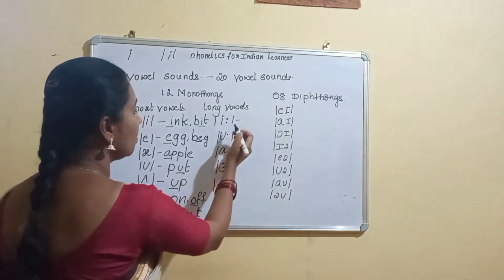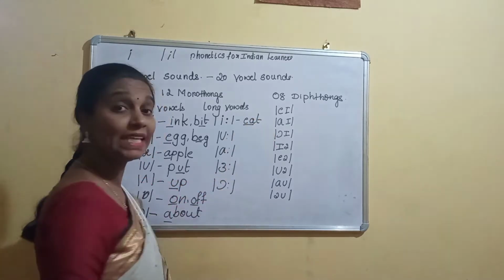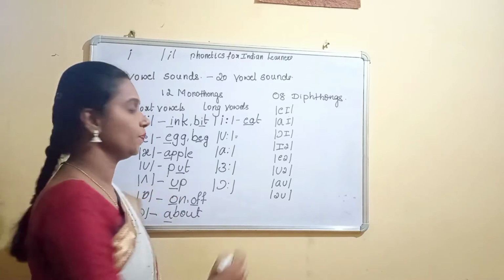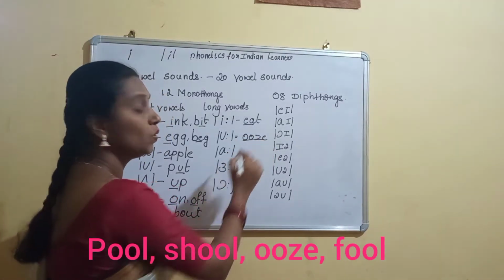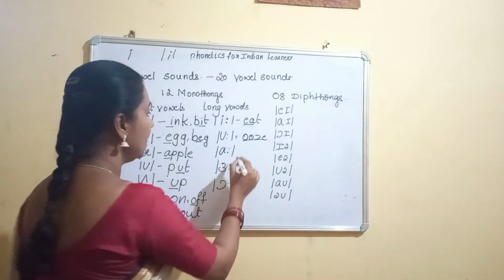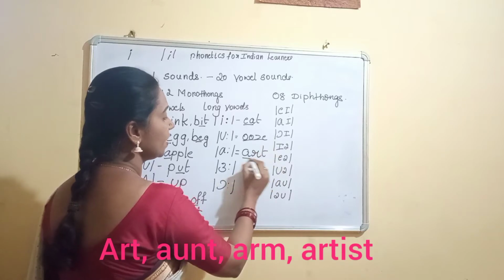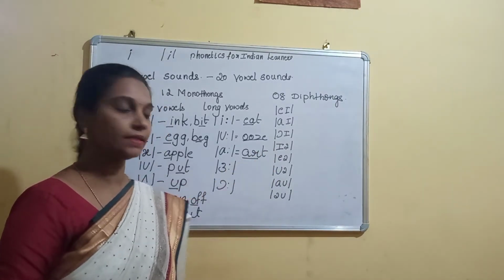So this is the sound E, and the example is eat. Next it is oo, and the example is ooze. The next sound is ah, and the example is art.